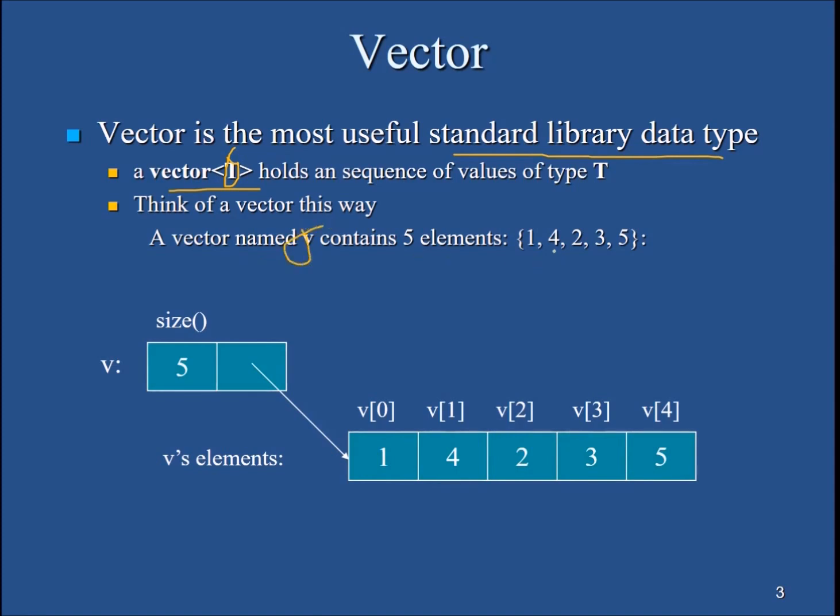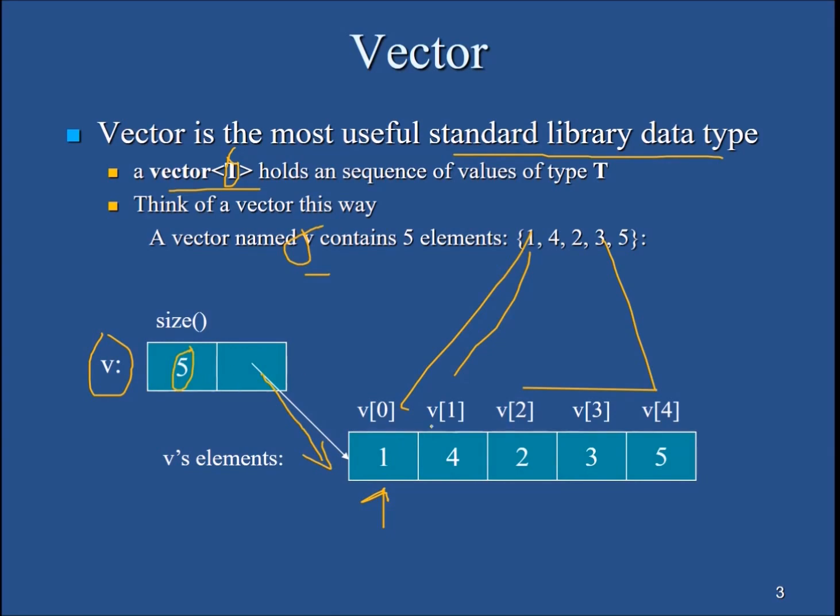It contains some 5 elements, say 1, 4, 2, 3, 5, and V0 is 1, V1 is 4. Likewise, these values are there. So the name of the vector is V. This 5 indicates that 5 members will be here, and this will be the link to these values.